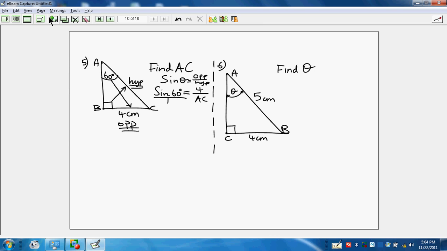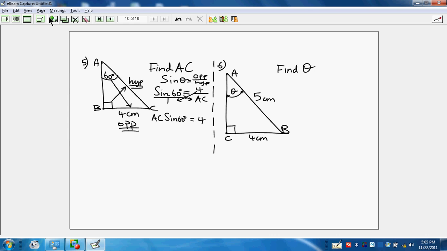So if we put sine 60 over 1 and cross multiply now, we'll get 4 multiplied by 1 is sine 60 multiplied by AC. So we could write that as AC sine 60 degrees is equal to 4 multiplied by 1, or 4.